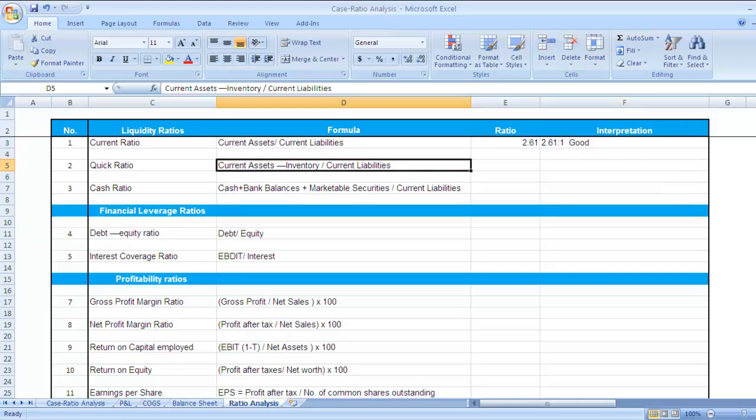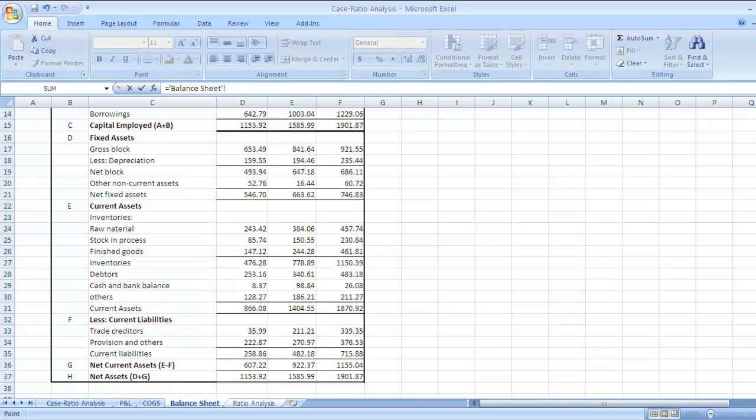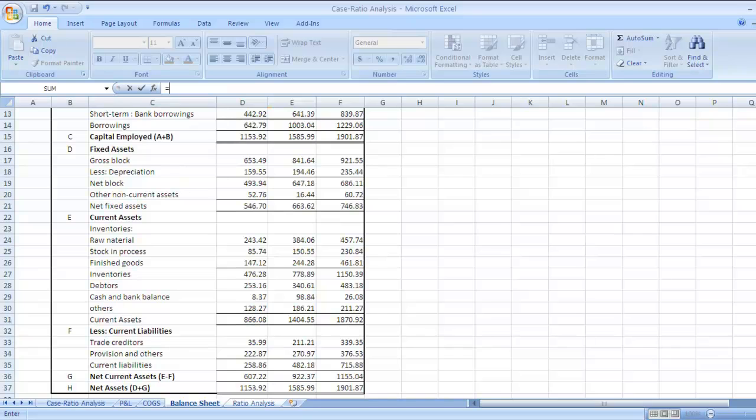So we'll calculate here. Let's put equal sign, and then go to the balance sheet. Why balance sheet? Because we'll find current assets and inventories there. So equal to sign, then current assets minus inventories. This is inventory.